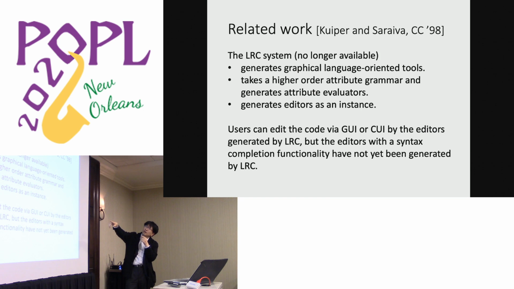It takes a higher-order attribute grammar and generates attribute evaluators. As an instance, the system can generate editors, and users can edit the code via GUI or CUI on the editors generated by LRC. But editors with a syntax completion functionality have not yet been generated by LRC.